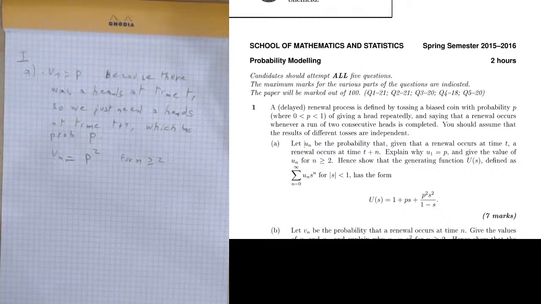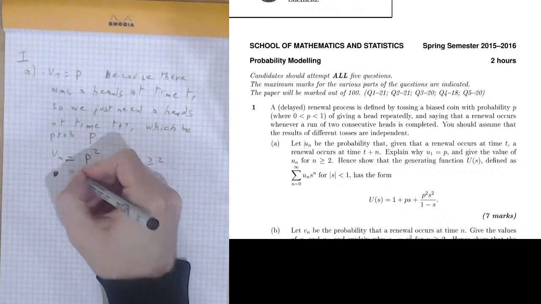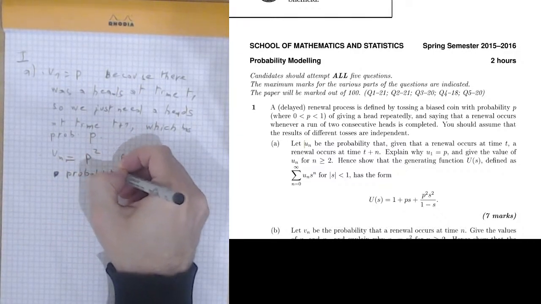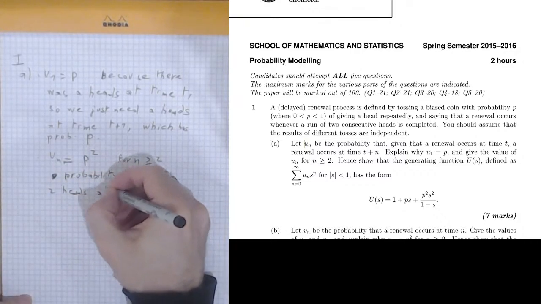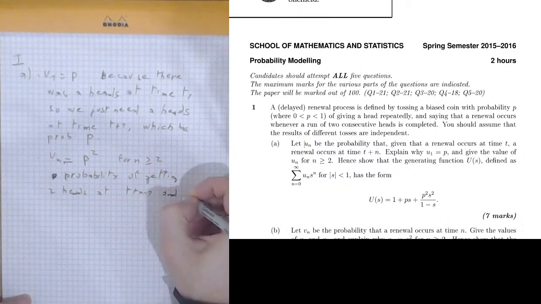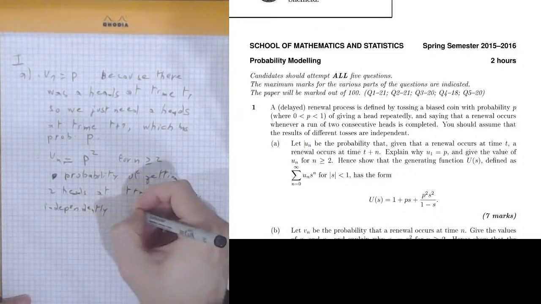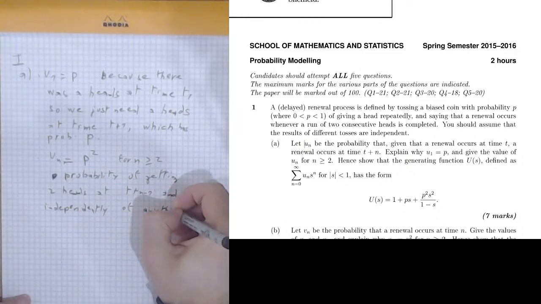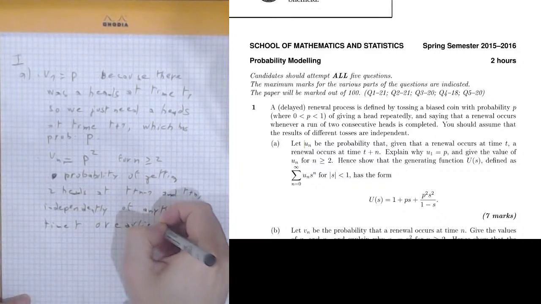That's just because it is the probability of getting a head at t plus n minus 1 and t plus n, independently of anything at time t or earlier, since this is independent of what happened at t minus 1.